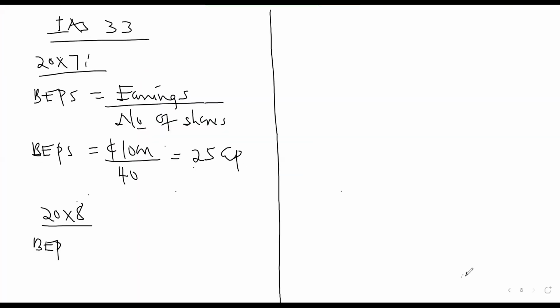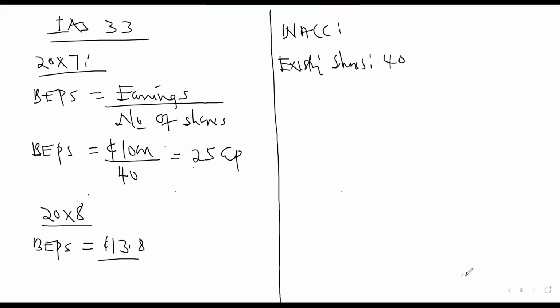So we have the basic earnings per share to be 13.8 million divided by the number of shares. Let's go and do workings for that one. You see that the existing shares, which is 40 million, will be there for a full year, isn't it? Then we count to something again.